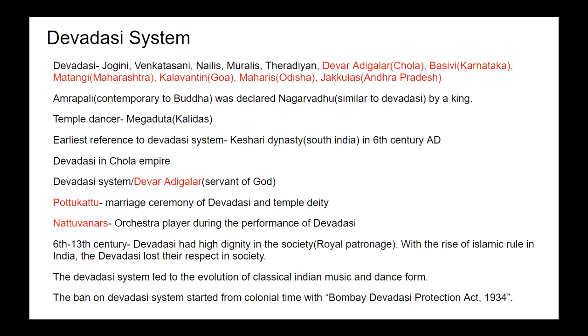And Nagar Vadhu was a system similar to Devadasi, but at that time there was no temple construction, so it was a dancer attached to the royal palace. Then temple dancer. We find mention of temple dancer in Meghdut written by Kalidas.